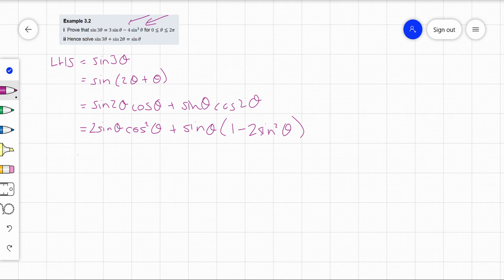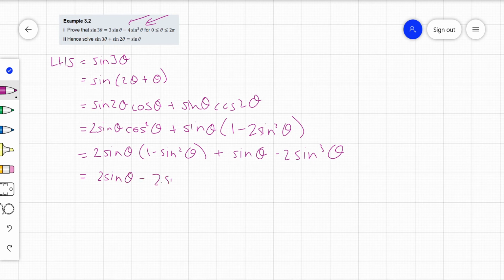Alright, and then we know that cos squared is 1 minus sine squared here, so again, using an identity, and here I might expand out. Once more expanding out this bracket, and we've got that there.